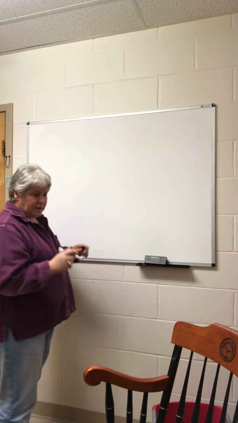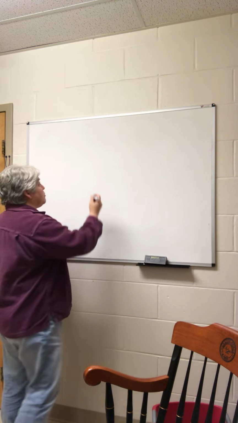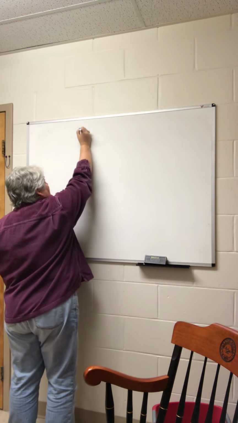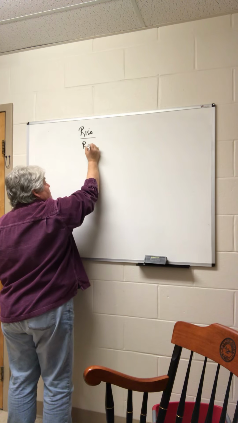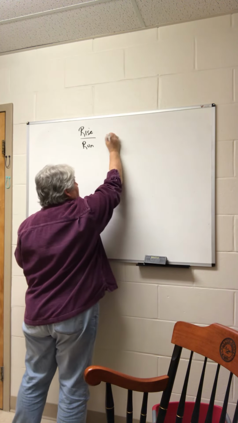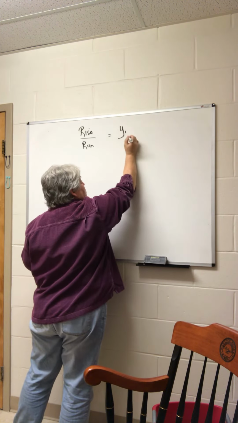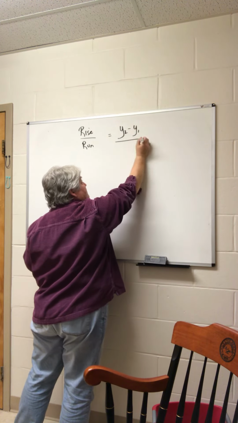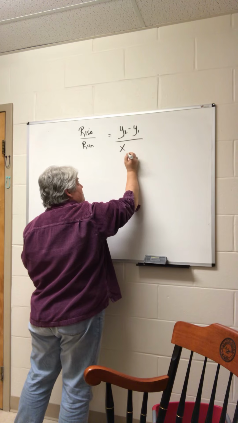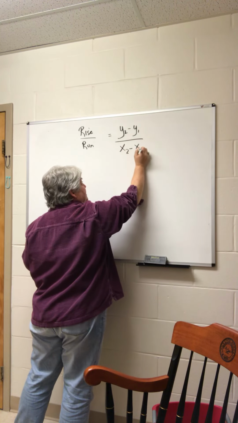Slope can be calculated if you know the coordinates of the 2 points. It's rise over run, which essentially means it's this formula right here. You take one y coordinate and you subtract away the other y coordinate, and you divide that by x2 minus x1.